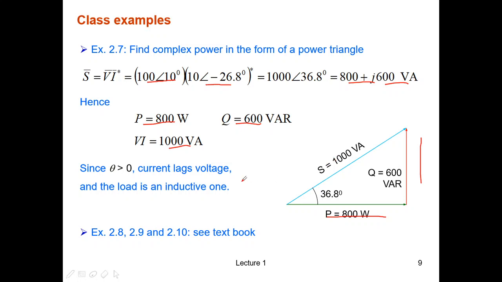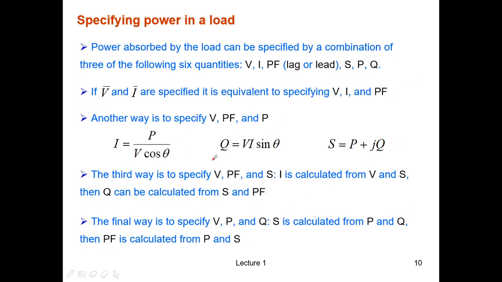In this example we can see that the current phasor is lagging the voltage phasor by 36.8 degrees, and therefore we have a lagging power factor, or the load is inductive. Let's move on to the next topic.